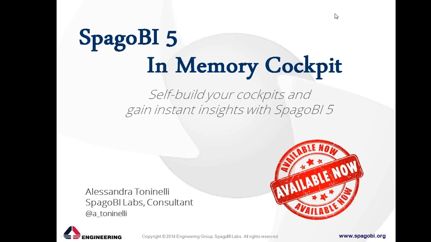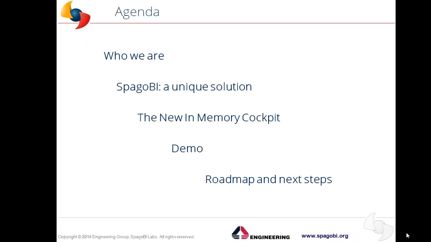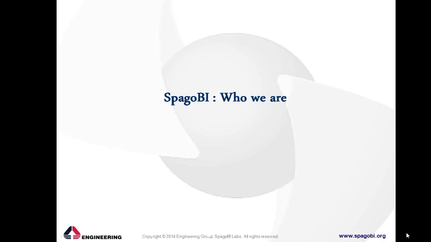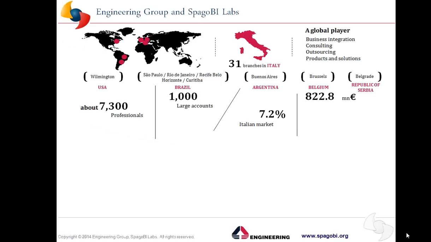Let's now have a look at our group, who we are. Let's get a framework of reference, because some of you, I guess, already know SpagoBI and the engineering group. Some others don't. I think it's fair to have an idea before getting into more technical details. So we are part of a big IT group, which is the engineering group.